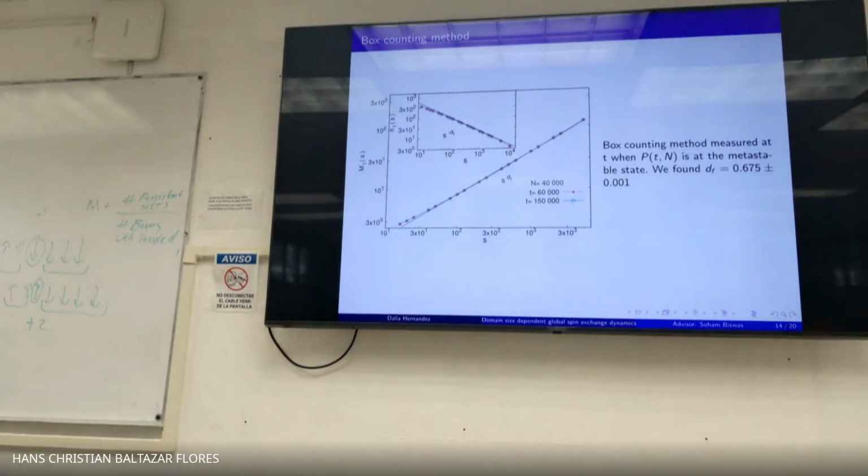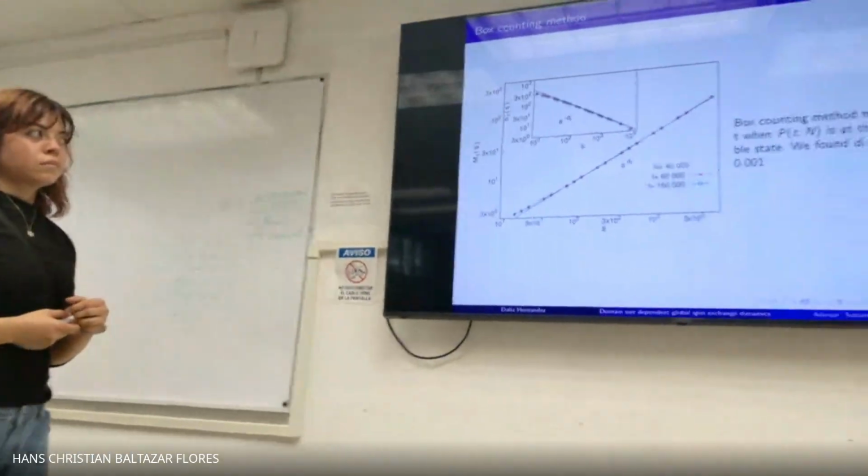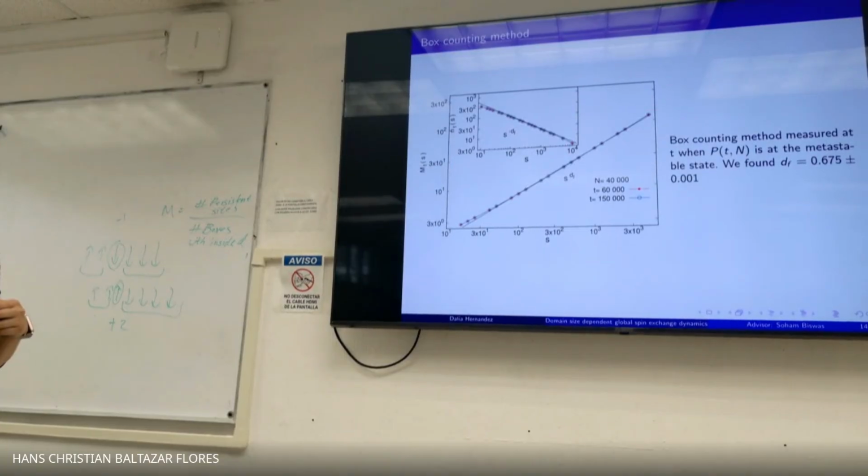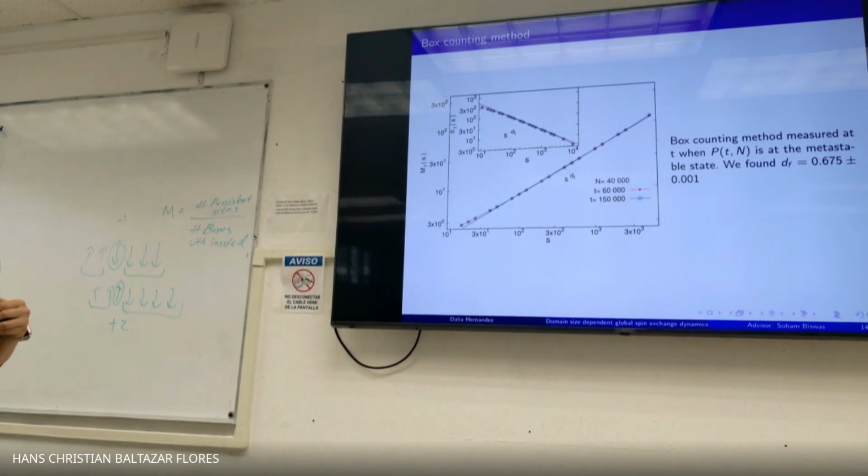I thought the number of boxes with some persistent site inside would be this little n_t of S. And this M is basically the average number of persistent sites inside a non-empty box.